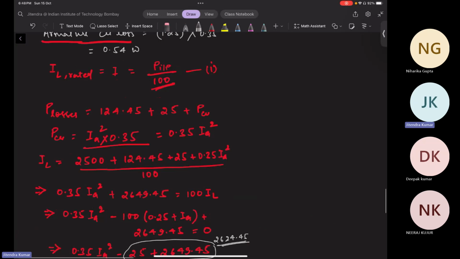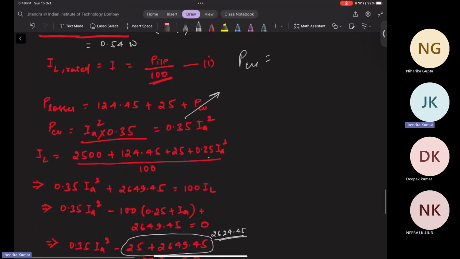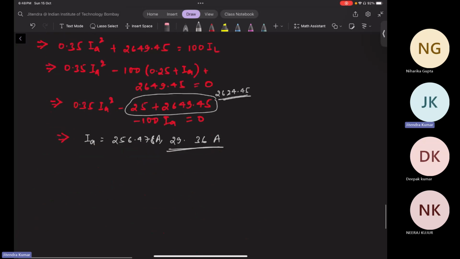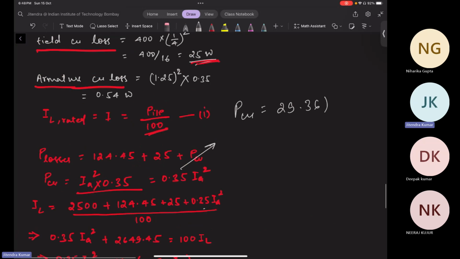So here we can replace this. Armature copper losses is 29.36 square into RA, which is 0.35.